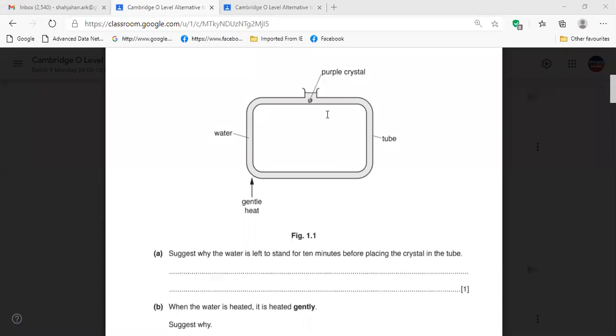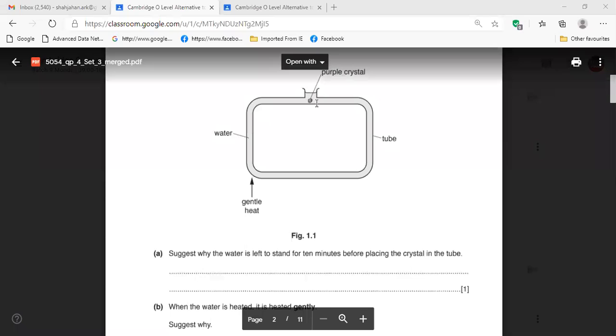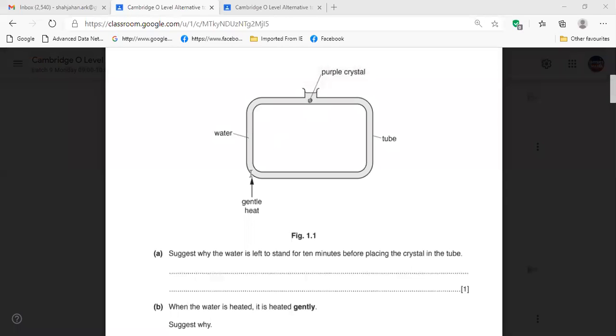If you want to observe the diffusion properly, you will see there is diffusion, and you will see there is convection current, right? In our experiment, we are going to observe the convection process, right?